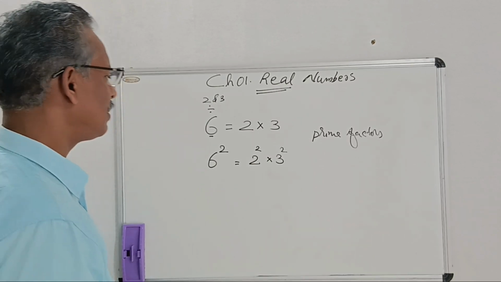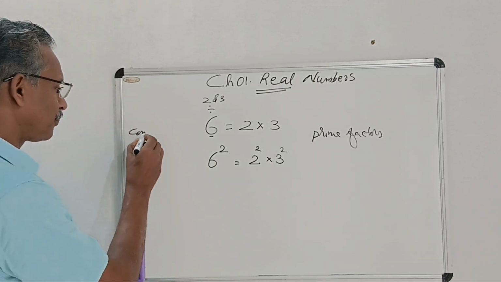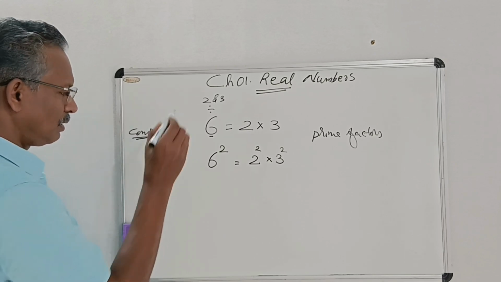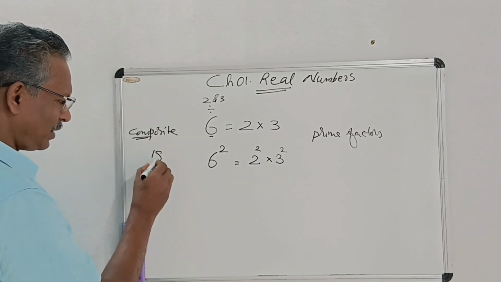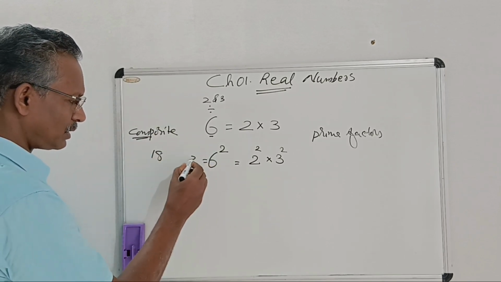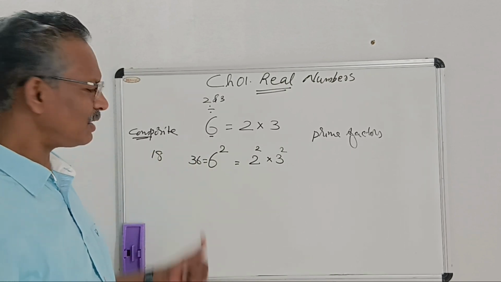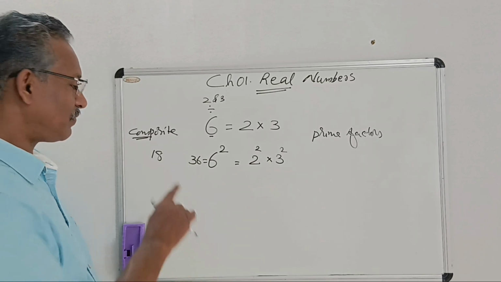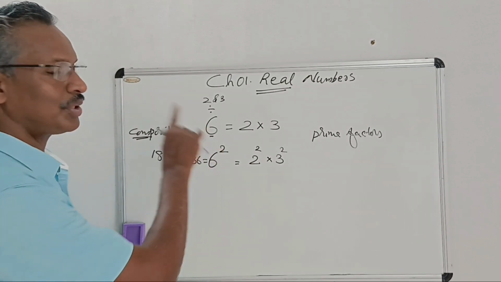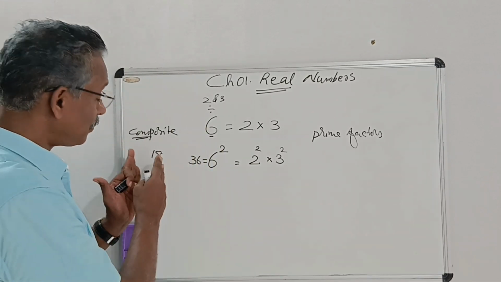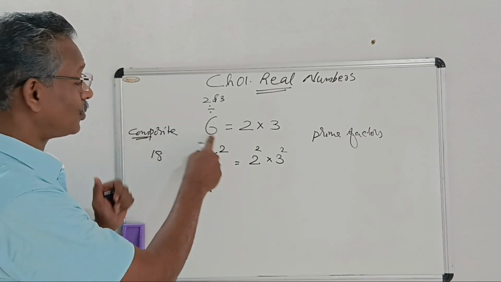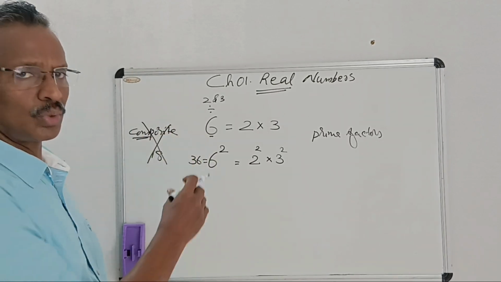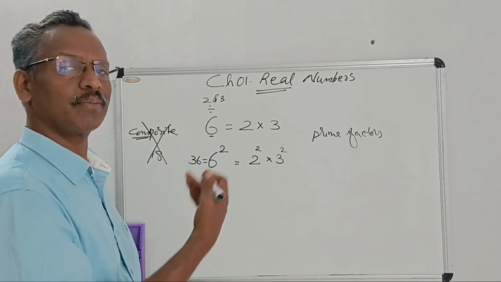But if you take a composite number like 18, 6 square means 36. This 36 is divisible by 18. It is true. But with this composite number, you cannot divide 6. You can divide 18 by 6, but 6 cannot be divisible by 18. So for composite numbers, this rule is sometimes correct, sometimes not correct.